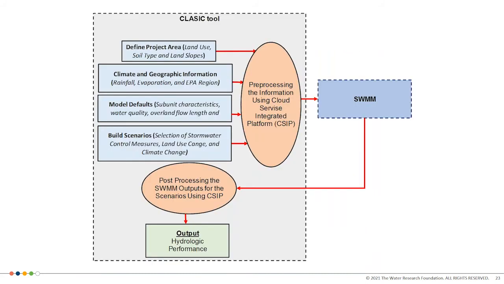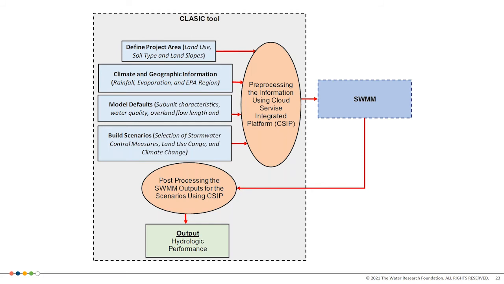So CLASIC does interface with the EPA SWIM model. And so basically we have modules of SWIM that are used to interface with the CLASIC tool. So all of these input parameters that are defined through these national databases, or that the user would like to modify or use local sets, are used then as inputs into a SWIM file.